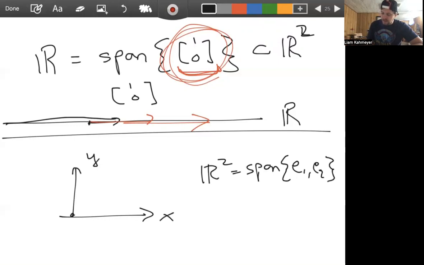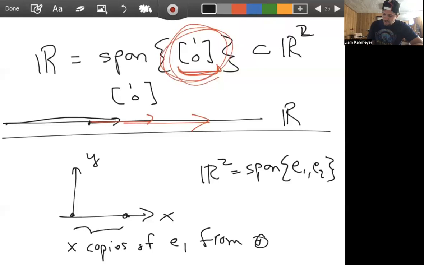Any point in R2 is x amount of copies of e1 from the origin, and something on the y-axis is y copies of e2 from the origin.